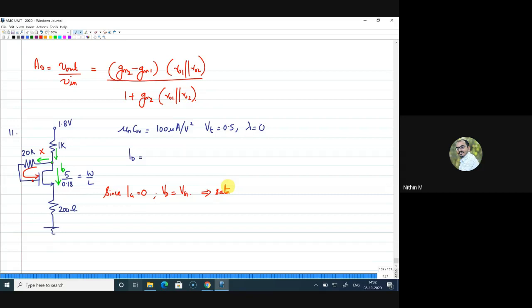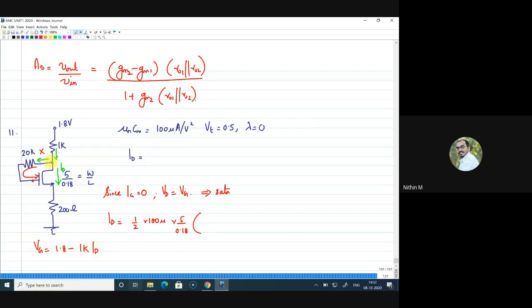So what you can do next is find ID. How will you find ID? I can write ID equal to half mu n Cox, which is 100 micro, times W by L, which is 5 by 0.18, into (VGS minus VT) squared. What is VG? VG is the same as VD, so I can write VG as 1.8 minus 1K into ID.